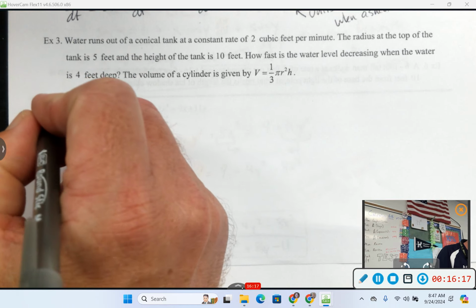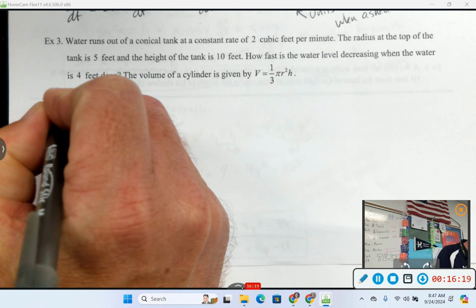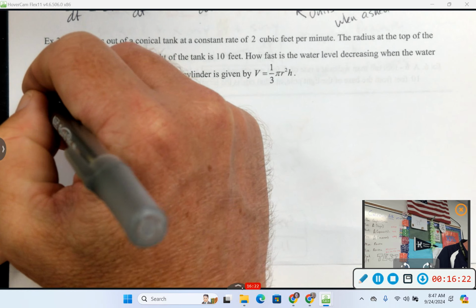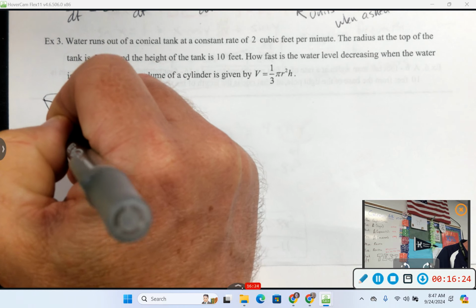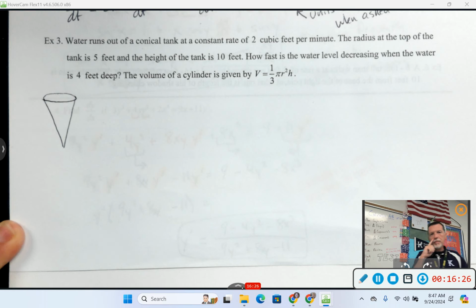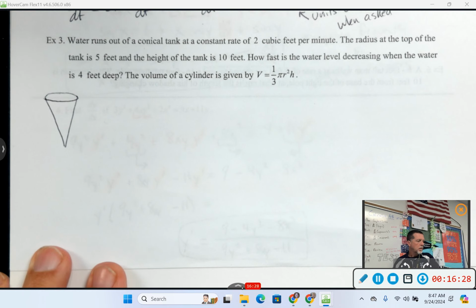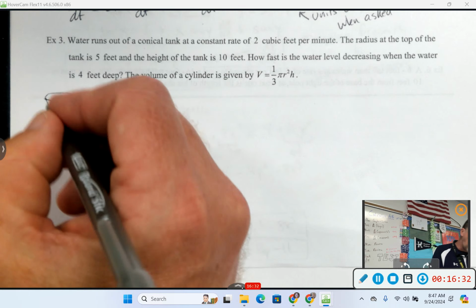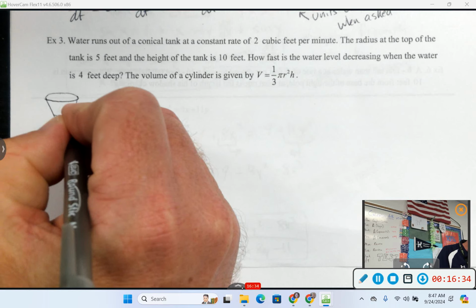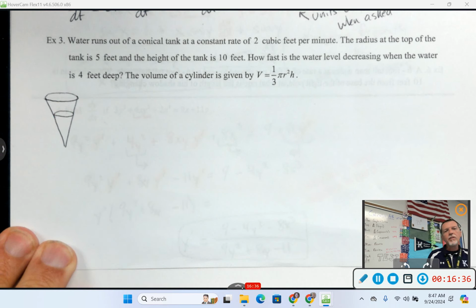All right, while our brain processes this problem, maybe we can draw a picture of what this looks like. So we've got water in this tank. Our water level, maybe.